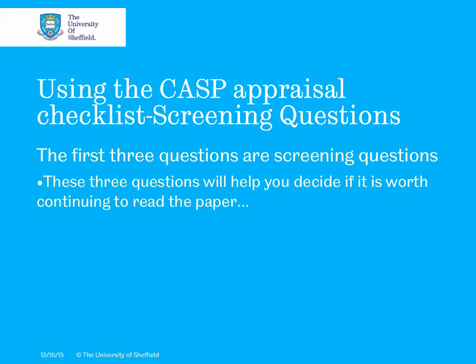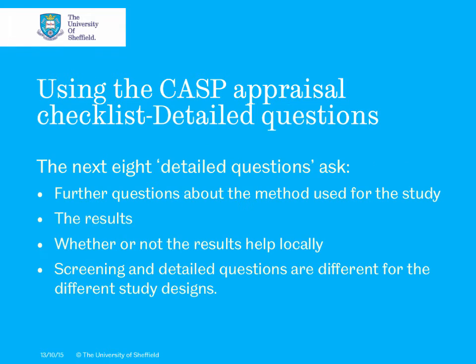The way that the checklists are set up is they typically start with some screening questions. Those screening questions are really there to help you decide how much time to spend reading the paper. If the specific paper you've got in front of you doesn't pass those screening questions, then it's not worth reading. The checklists typically go on to contain around 8 detailed questions, which you ask yourself about the paper.